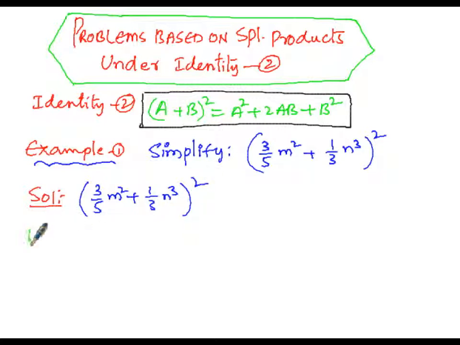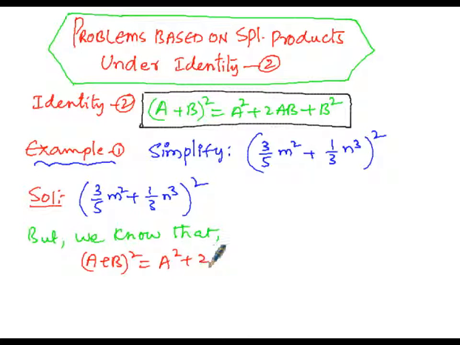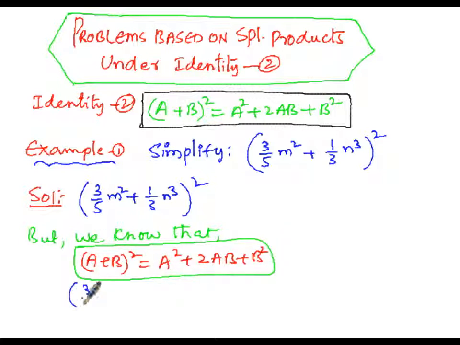So here we know that (a + b) whole square is equal to a square plus 2ab plus b square. So based upon this, the expansion of (3/5 m square plus 1/3 n cube) whole square is equal to.